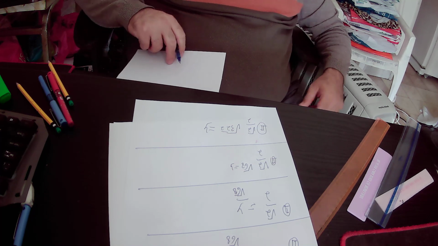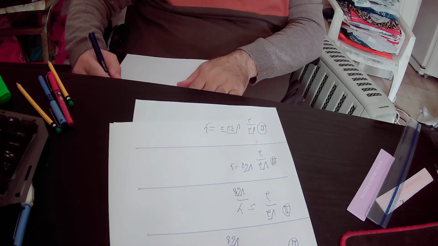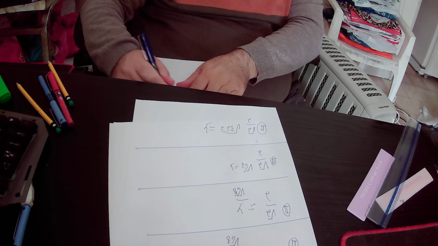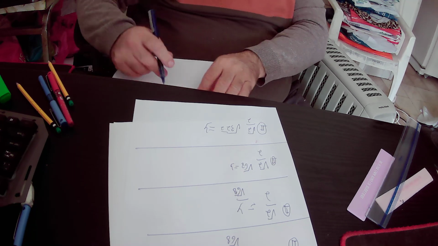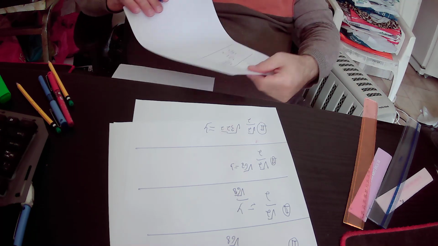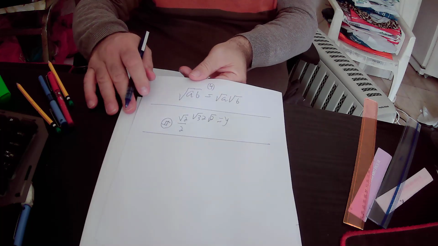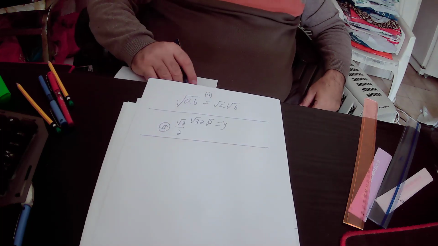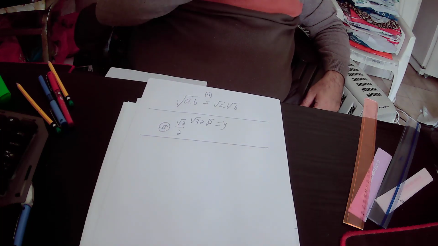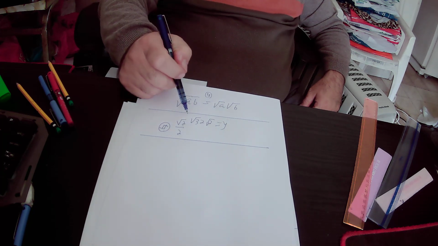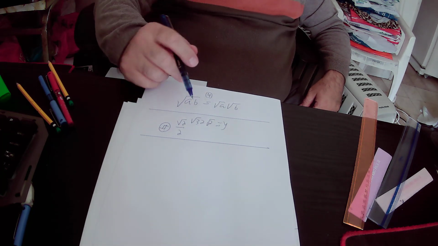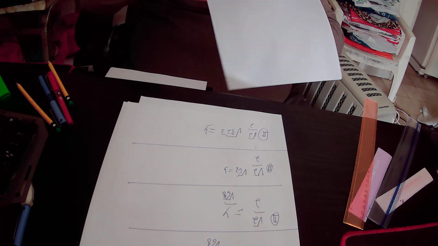So in total we got this expression here. Square root of 2 times square root of 2 is 2, so I will write it down.